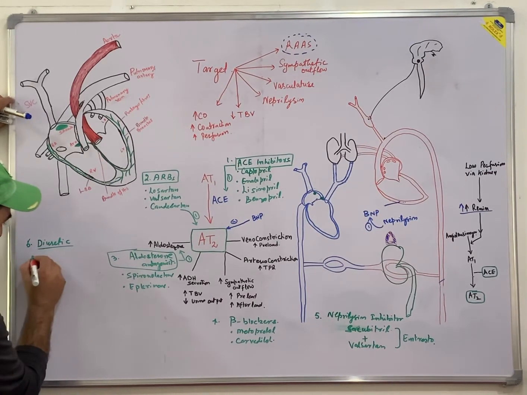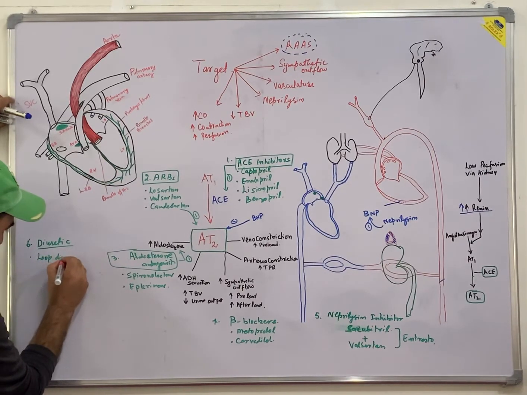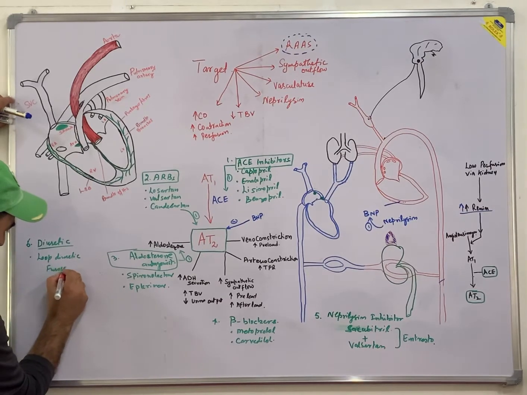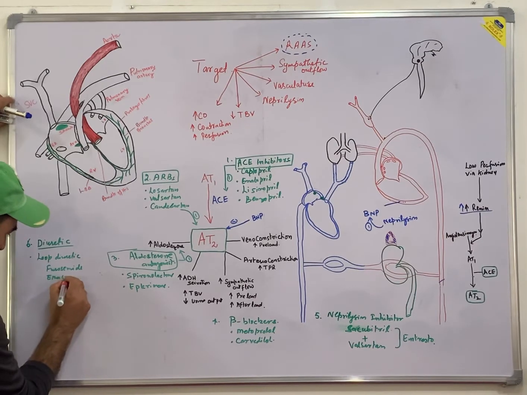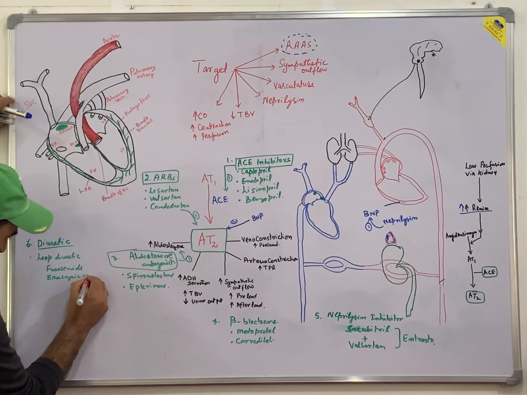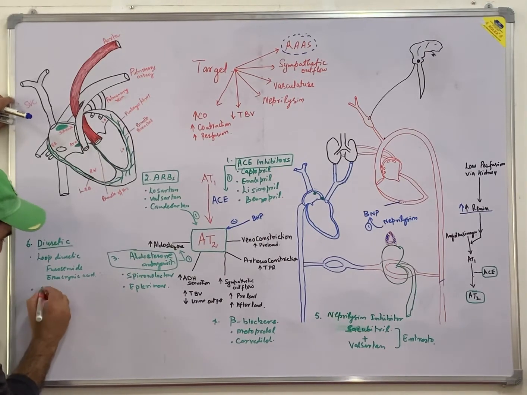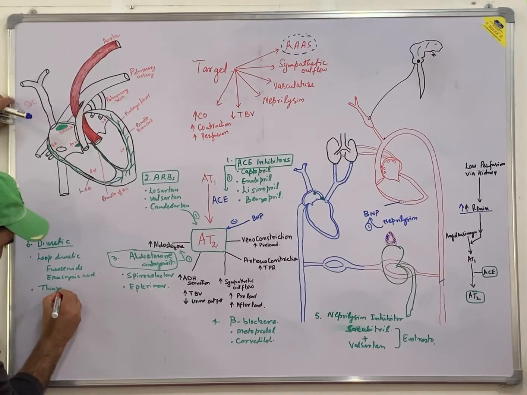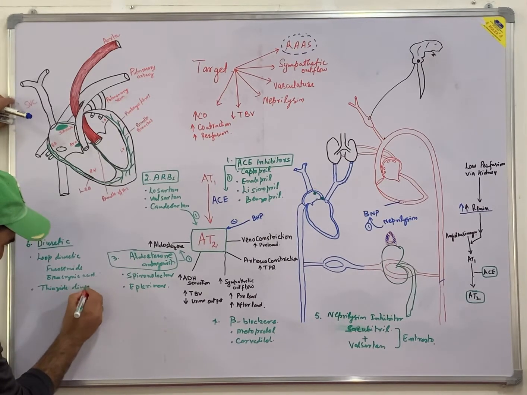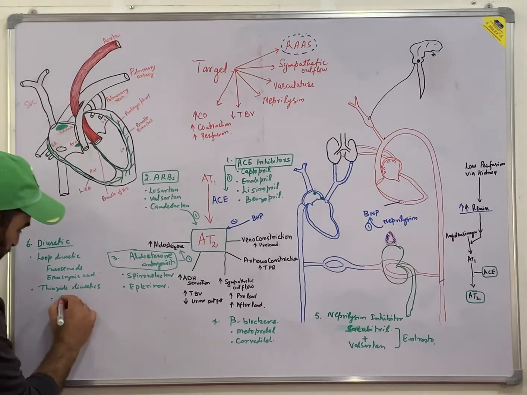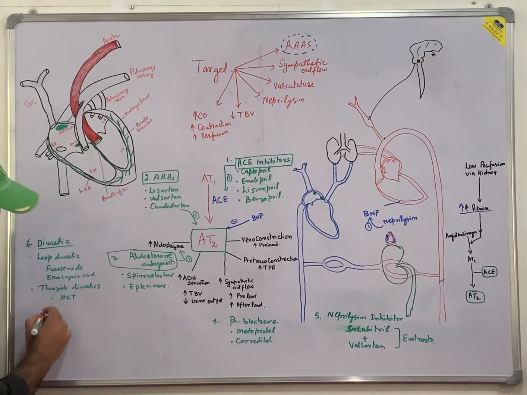In diuretics, you mainly give loop diuretics, that is furosemide and ethacrynic acid. Number 2, you can give thiazide diuretics. In thiazide diuretics, you give hydrochlorothiazide and metolazone.